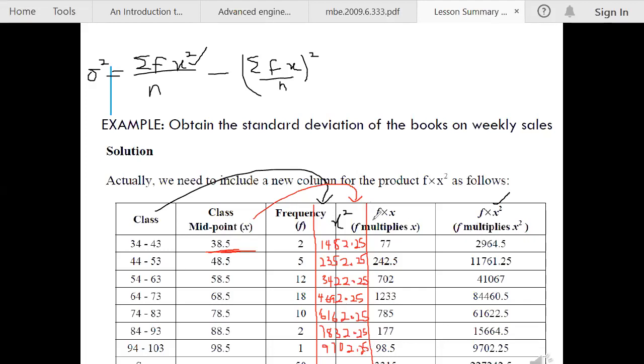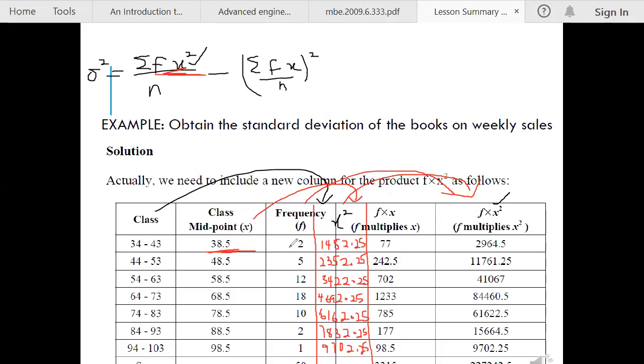Then now look at the very difference. This term here is F times X squared, the frequency times X squared. So we are going to multiply the frequency and the X squared to give us this column here.